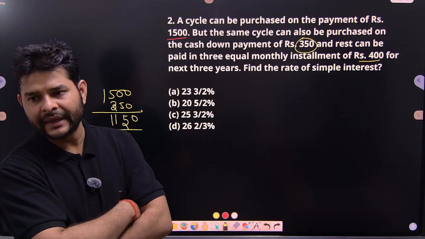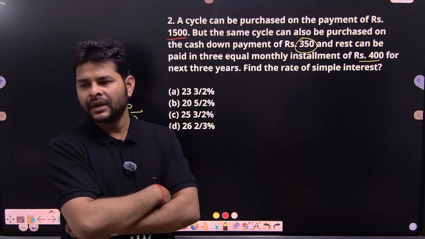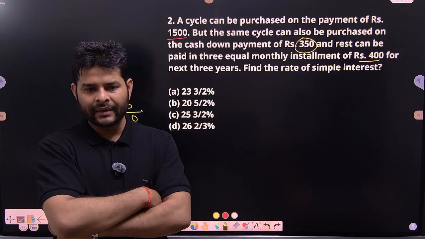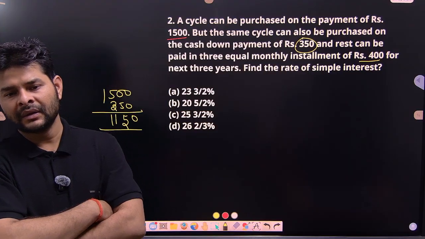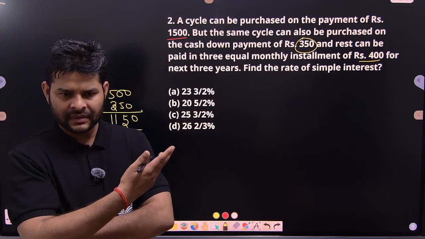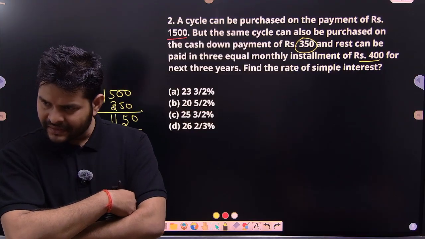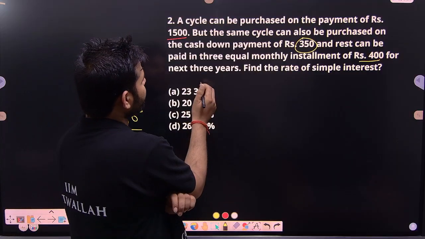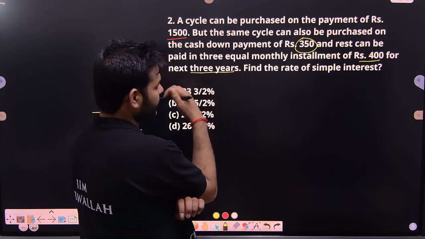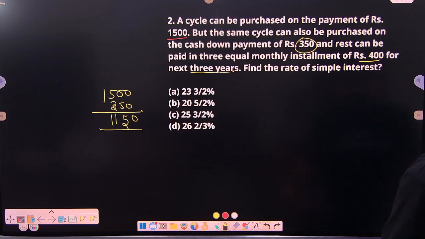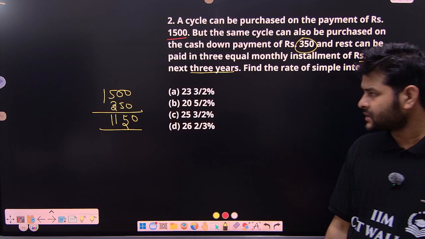So 50 is what? Interest. And is the payment monthly or yearly? It says 3 years, but basically that would be, I think, months.